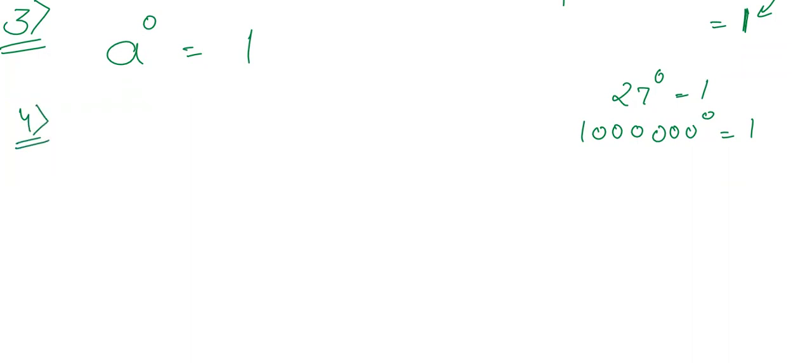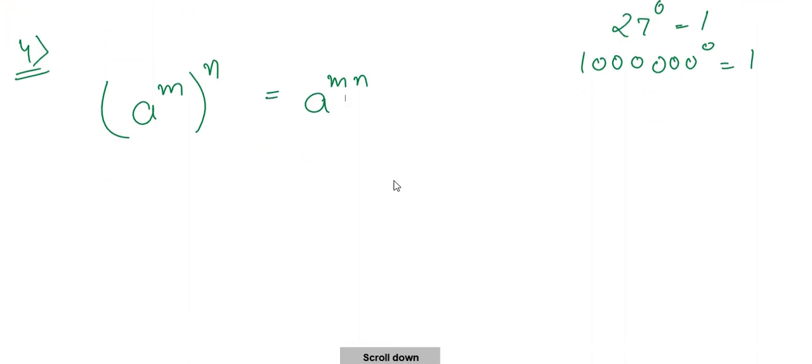The fourth property is an interesting one. Here, if you have an exponent a raised to the power m, and I take it to the power n, it would be just a raised to the power mn.